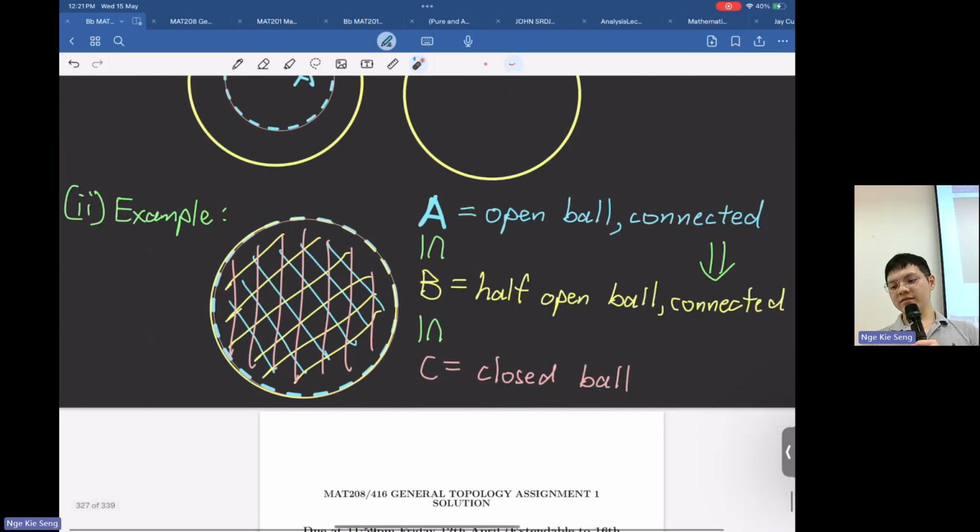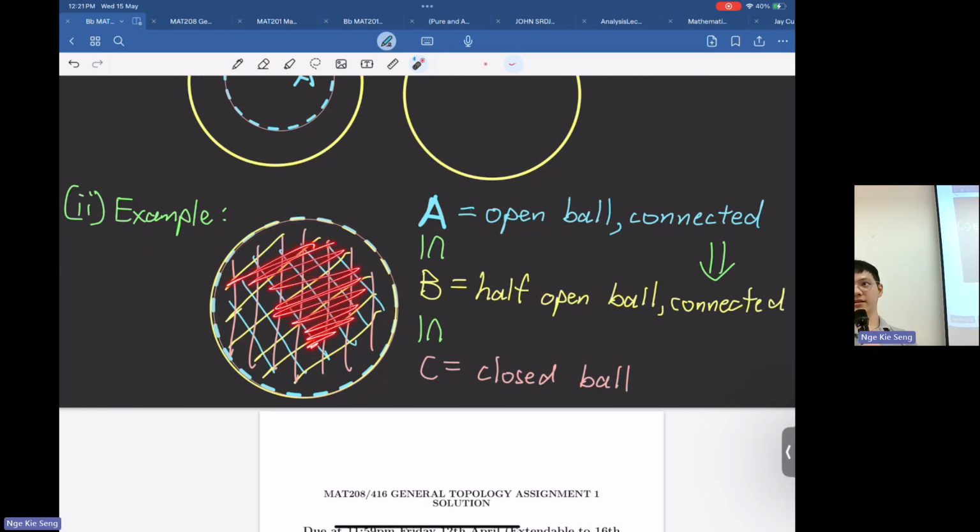But what's the situation described in the theorem? Let's say I have an open ball here, and then I fill it in. The open ball is connected, right? And what's the closure of this open ball? It's the closed ball, meaning I take the boundary as well.